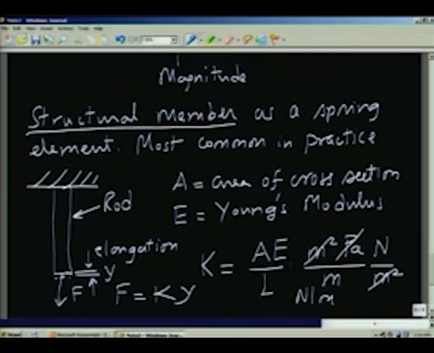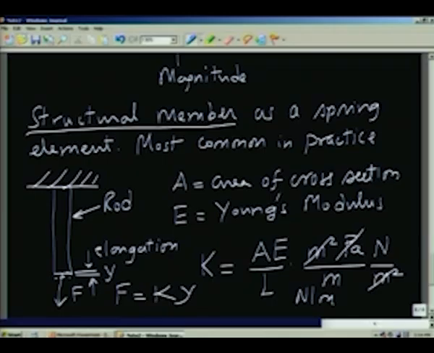So, you can have different values of E, and for getting different values of K, if I make it a larger cross section area, it becomes stiffer. So, A is the stiffening mechanism, and if you make it longer, you can see that it is going to become less stiff. So, the ratio of area of cross section to length determines the value of K. Once you have chosen the particular material, that ratio is going to play an important role in determining the value of K.